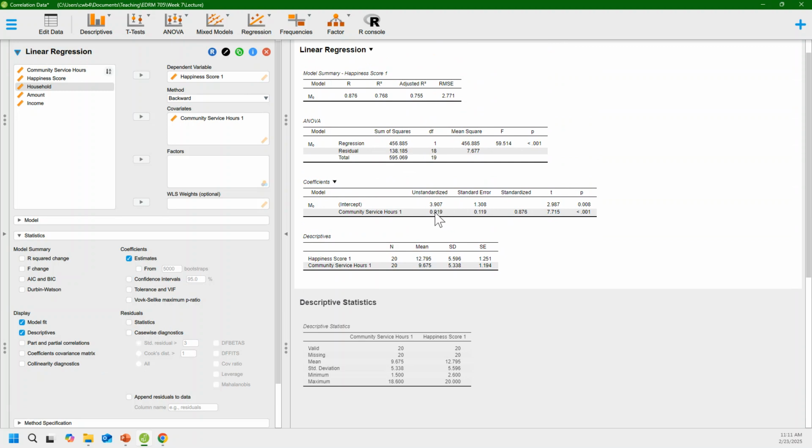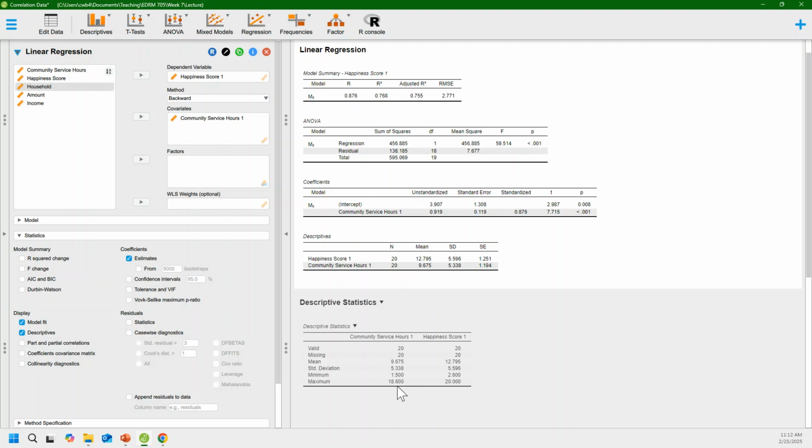That was my 0.919, 3.907, the slope and the y-intercept for my data. So what I want to do whenever I make predictions using my regression equation is I want to stick to using values that are in the range or close to the range of values of the data that I originally created my regression equation with.